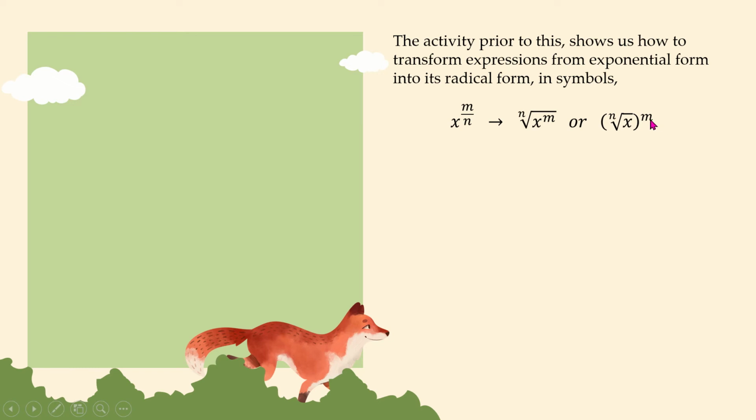So the exponent m can be outside the parentheses or inside the radical symbol. They're just the same. So this is one way of writing from exponential form to its radical form.